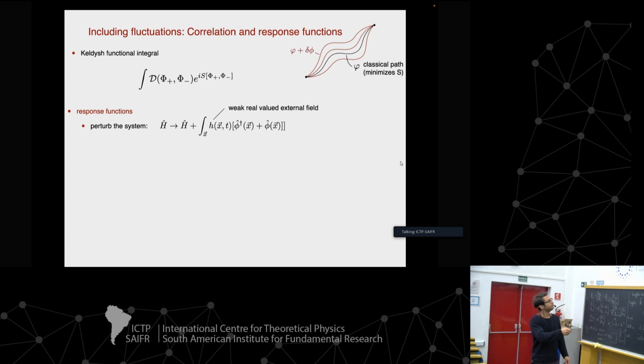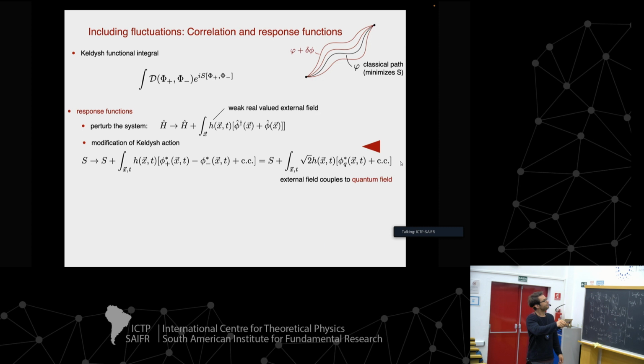So imagine we have an action here where there's a Hamiltonian part of it, which can be this Lindblad action, and now I'm perturbing this Hamiltonian by putting on a little weak real-valued external field like this, which wiggles a little bit, which creates and deletes particles in the way that's prescribed here. Now, if we go through the steps and construct the Keldysh action for this problem, then you can see that this will lead to such a correction here in the Keldysh action.